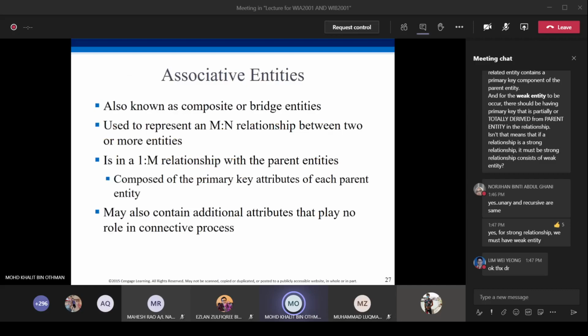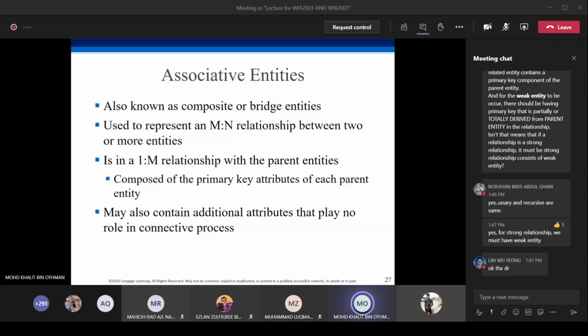We move to the associative entity. What is an associative entity? The associative entity is also known as a composite or bridge entity, which is composed of the primary key of each of the entities to be connected. The associative entity is used to represent a many-to-many relationship between two or more entities.